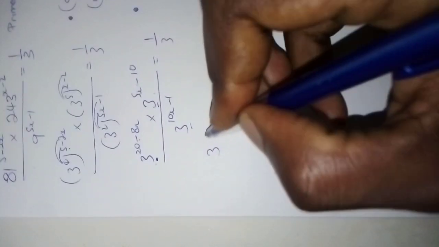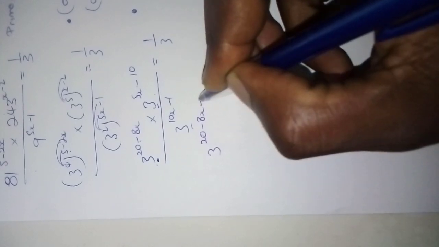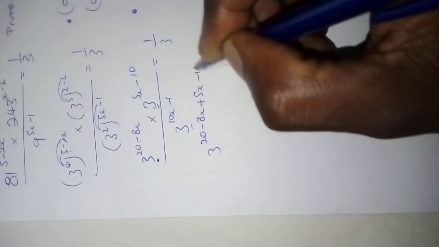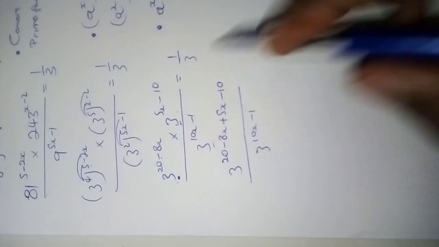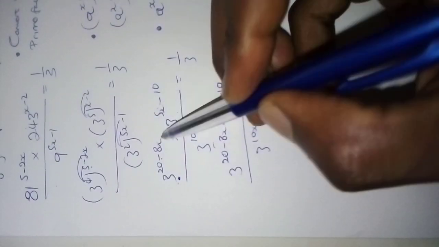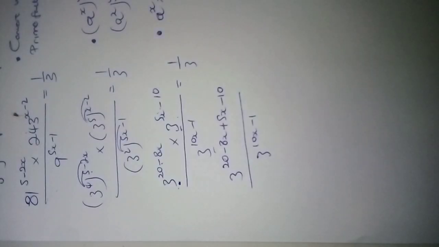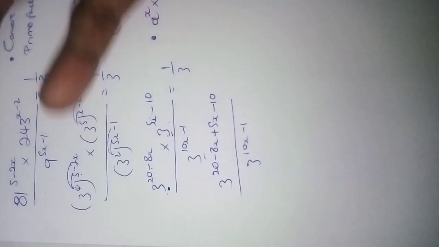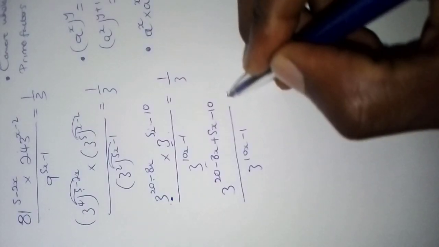So now this would mean that we have 20 minus 8x plus 5x minus 10 divided by 10x minus 1. Now you must make sure that you write the signs as they are. As you can see, I wrote the signs as they are. I did not change any signs, so it's very important that you do so as well. Right, so now that's equal to 1 over 3.